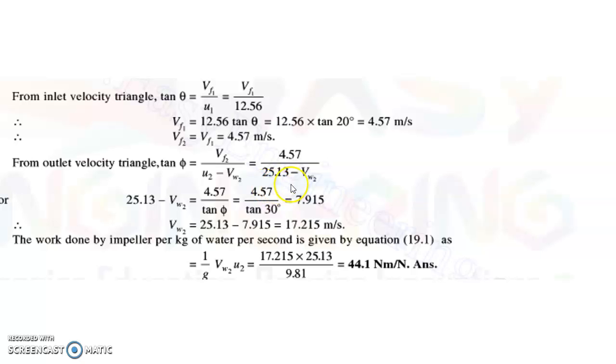Substituting the values, we got the value of VW2. Now we have the expression of work done by the impeller per kg of water per second, and that is equal to VW2 U2 by g. Substituting all the values we already found out, we got the final answer, that is 44.1 Newton meter per Newton.